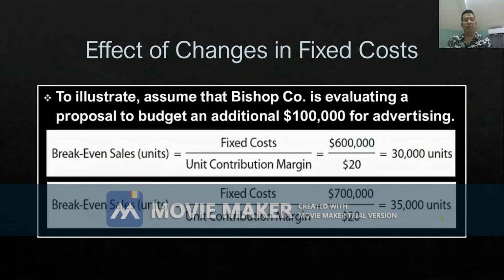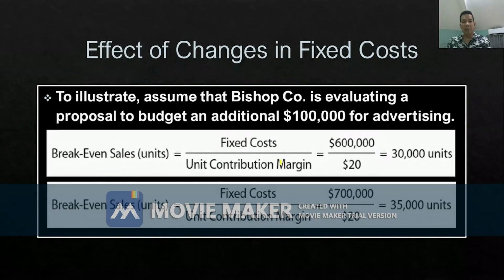To illustrate, assume that Bishop Company is evaluating a proposal na budget of additional $100,000 for advertising. So, break-even sales units equals to fixed cost over the unit contribution margin.